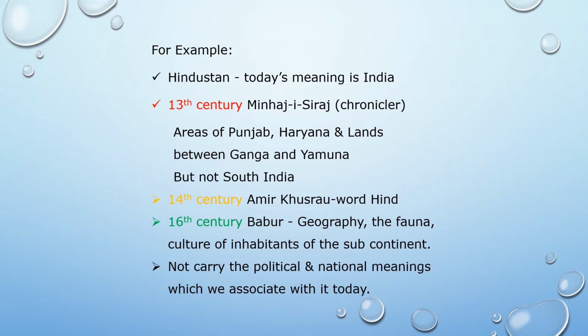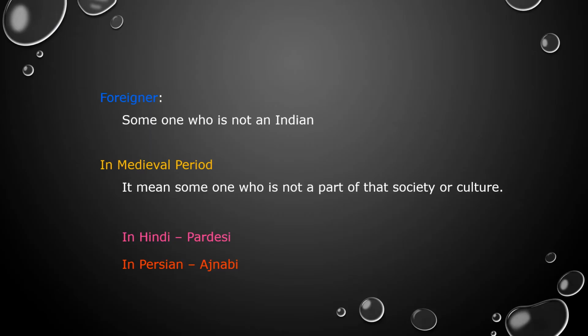The other example of terminology change is foreigner. Generally, at present, we say that someone who doesn't belong to our country is a foreigner. He may be from a different country. But in the medieval period, it meant someone who is not a part of that society or culture, any stranger.